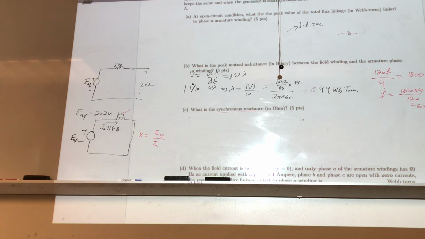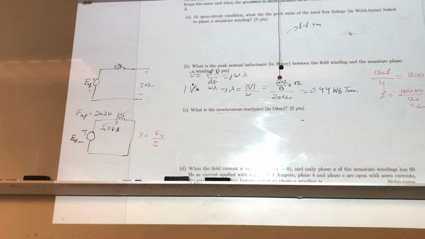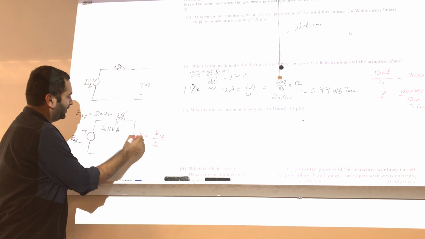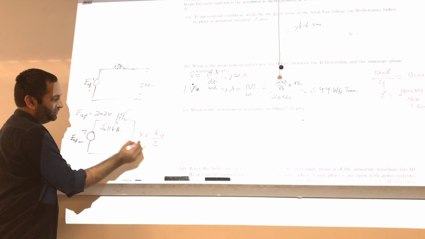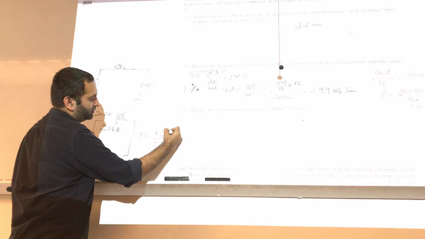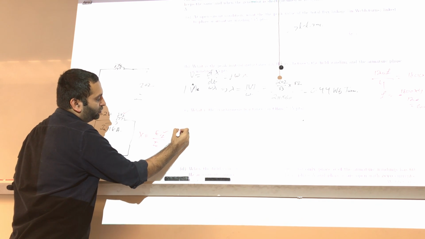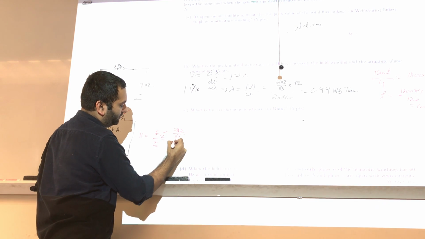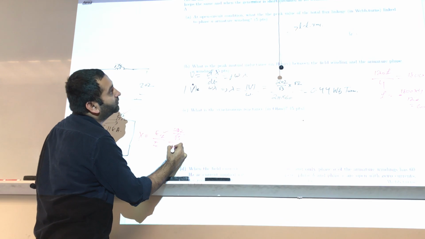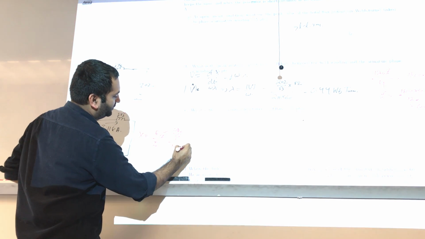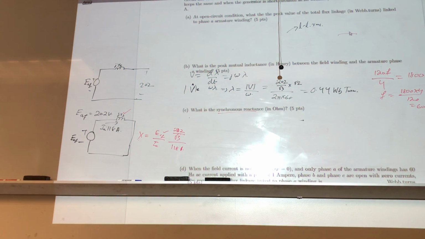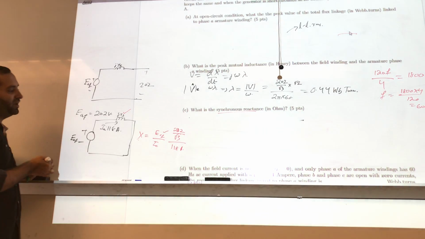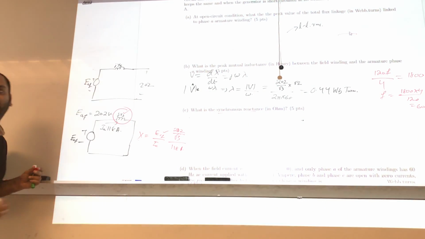So to find Xs, you can consider 202 over square root of 3 over IA, which is 118 amperes. So use the short circuit current, because the question asks you to find Xs.